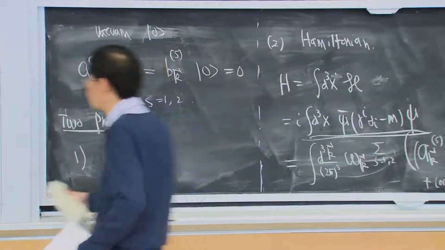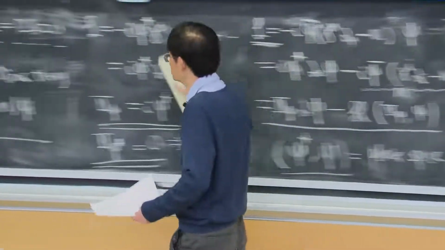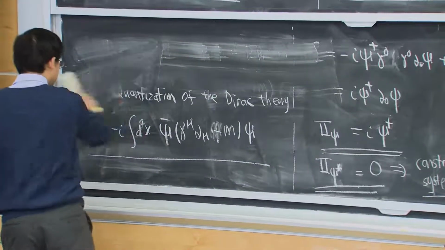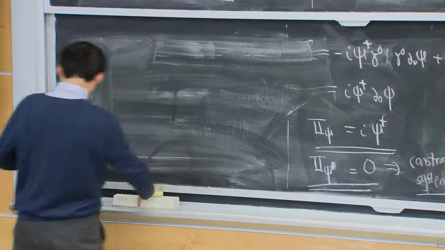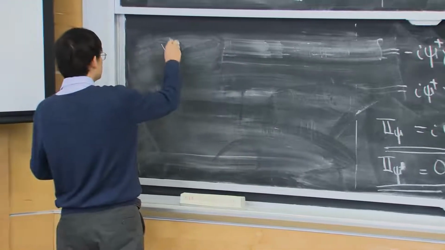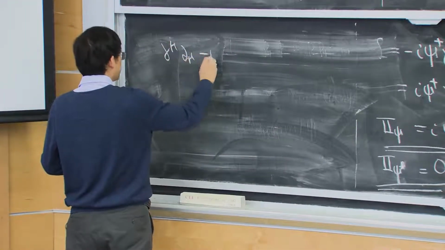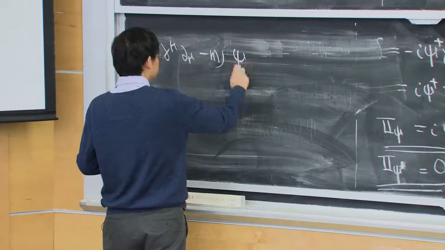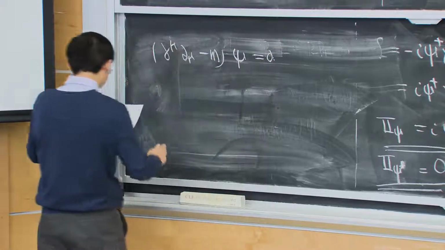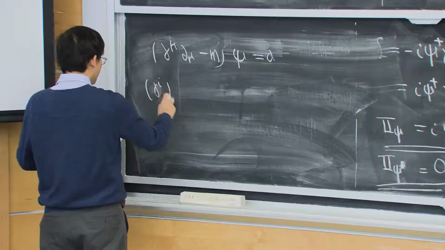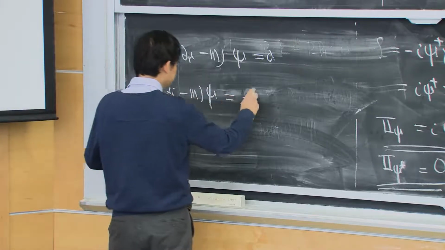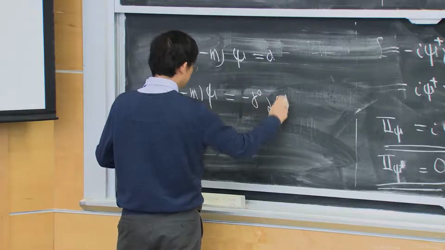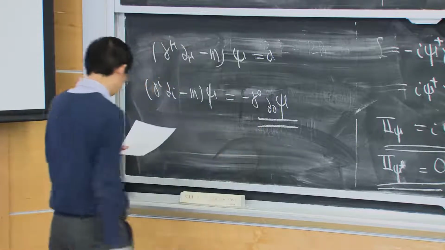From the Dirac equation, you have (gamma^mu partial_mu minus m) psi equal to 0. That means that (gamma^i partial_i minus m) psi is equal to minus gamma^0 partial_0 psi.